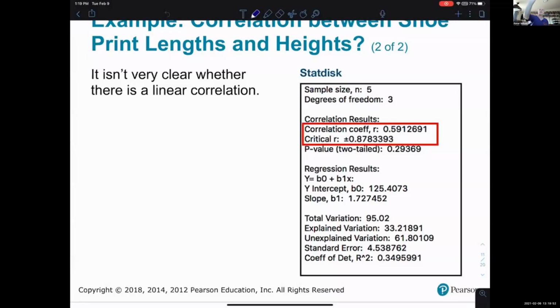So if you collected the data and saw this R coefficient of 60%, the p-value tells you that 30% of the time you'll get that result even if there's no correlation at all. So how good is that at telling us there's a correlation? Not very good. You could easily just get that by chance.